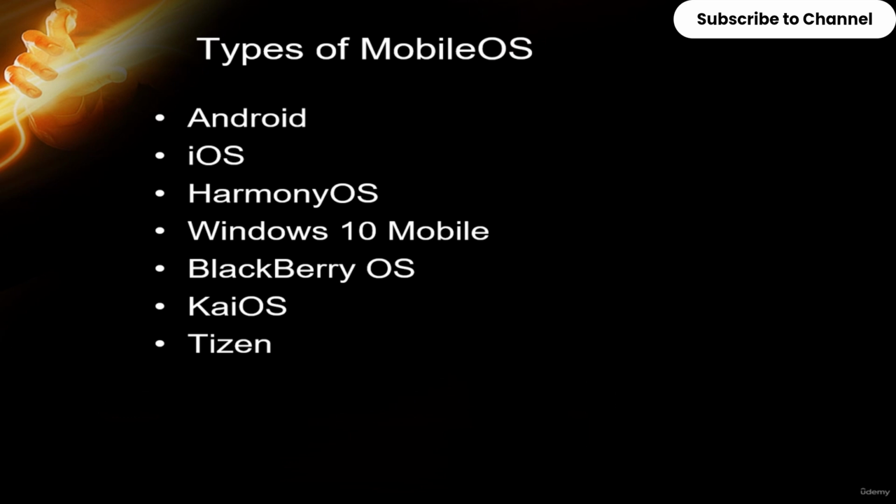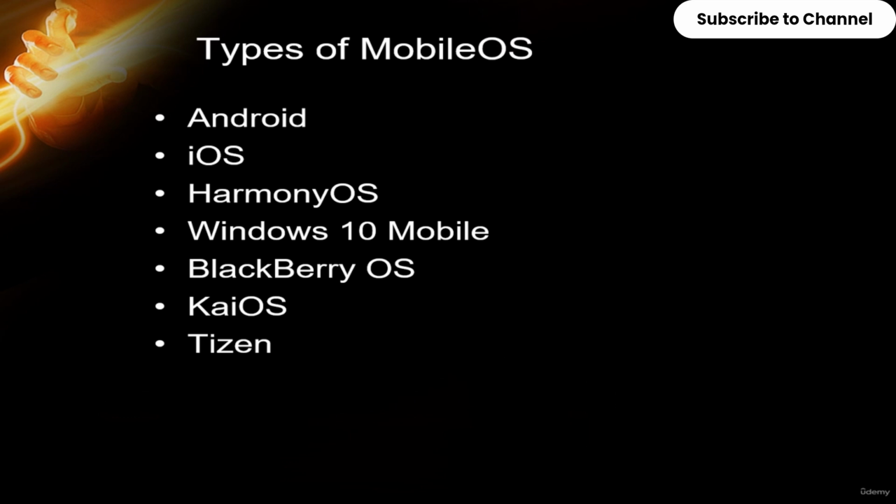Next we are going to see Windows 10 Mobile. Windows 10 Mobile provides the functionality of the Windows operating system, and whatever Windows platform we are using, like customizable user experiences, everything will be given by Windows 10 Mobile.